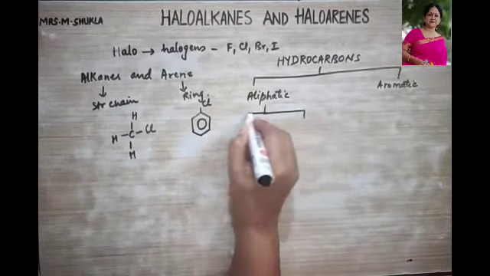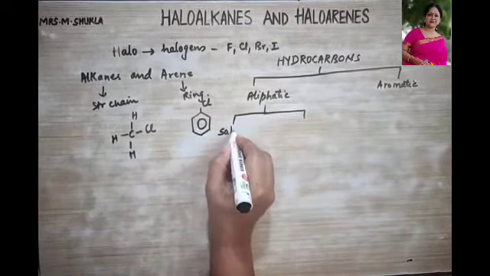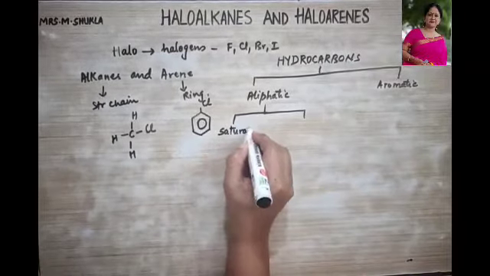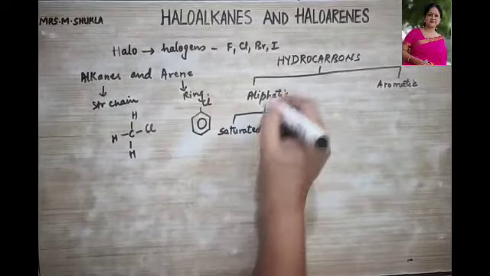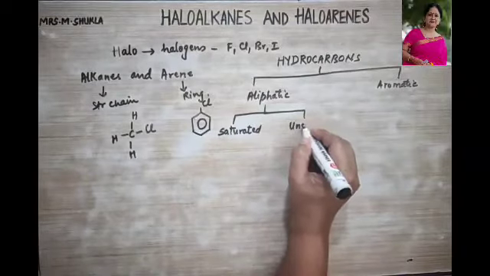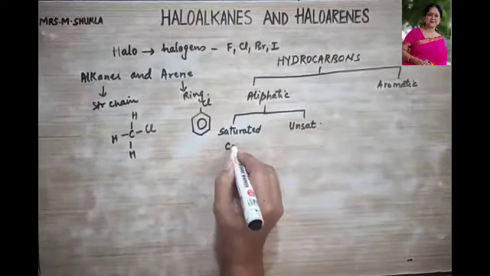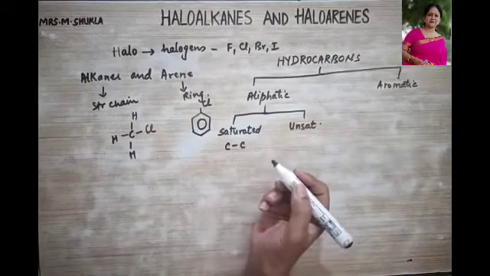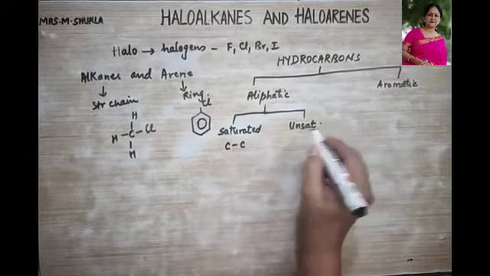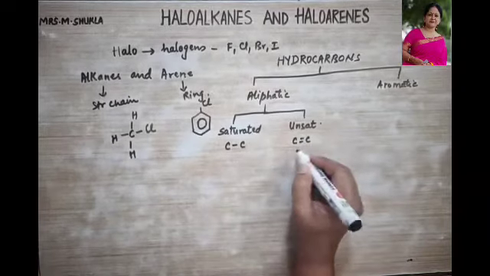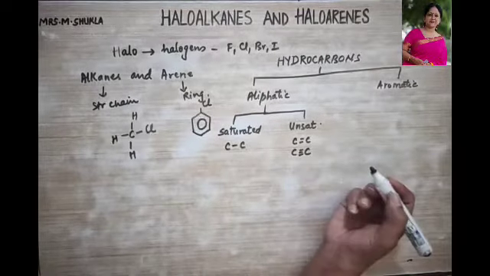Aliphatic hydrocarbons are again of two types: saturated aliphatic hydrocarbons and unsaturated aliphatic hydrocarbons. In saturated hydrocarbons, carbon-carbon atoms are linked with a single bond, whereas in unsaturated, they are linked with a double bond or a triple bond, right?